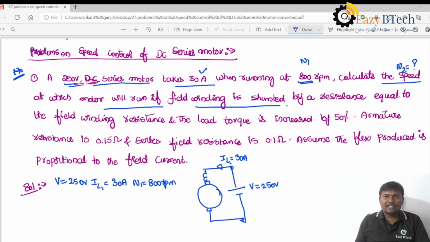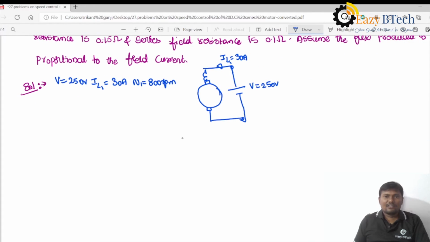If the field winding is shunted by a resistance that should be equal to the field winding resistance. Okay, so the field winding is shunted by an external resistance.